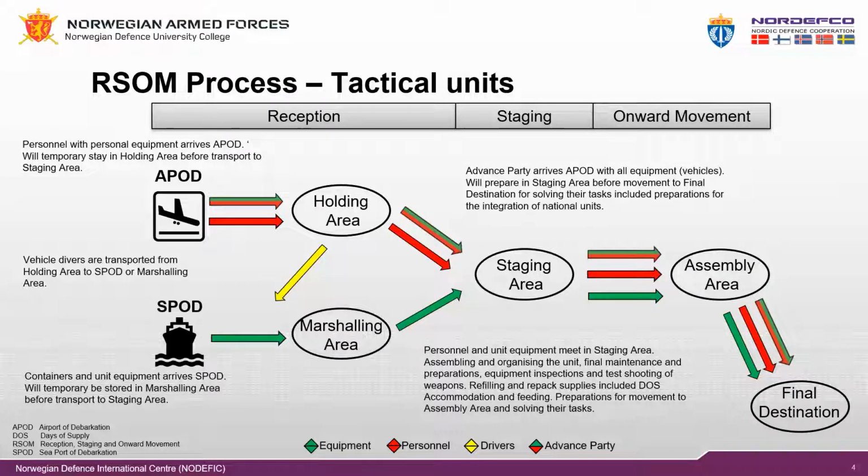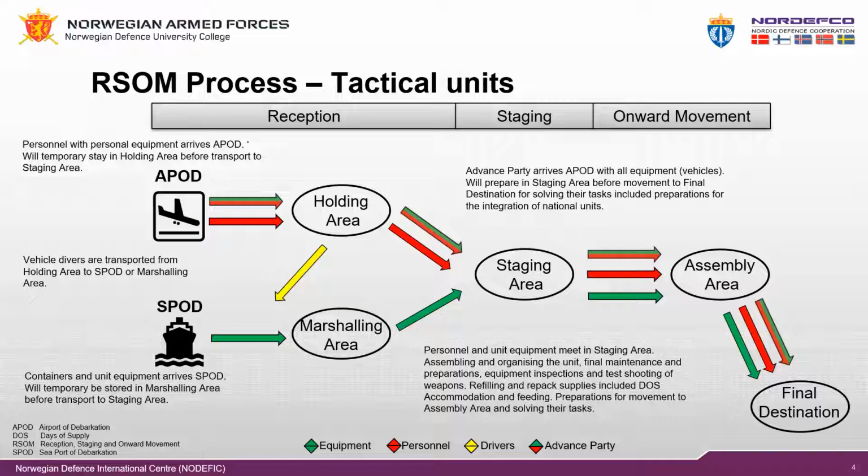The slide describes what the tactical units are doing during the different stages of the reception, staging, and onward movement process. We will not focus on these tasks, but on what the Joint Logistic Support Group and the national support elements have to do to support the units' reception, staging, and onward movement process.